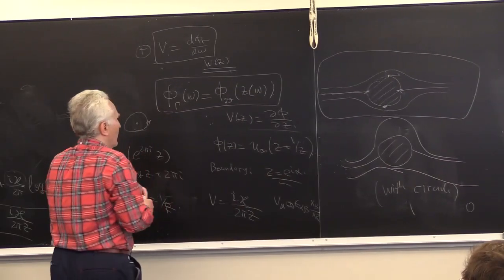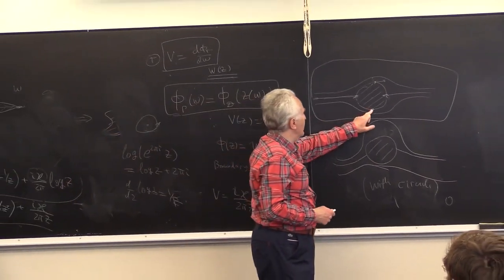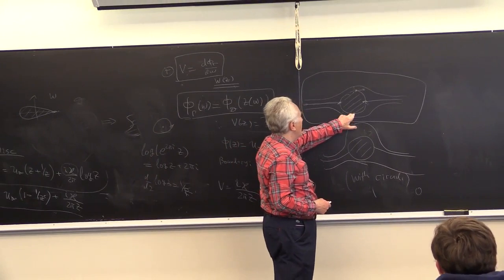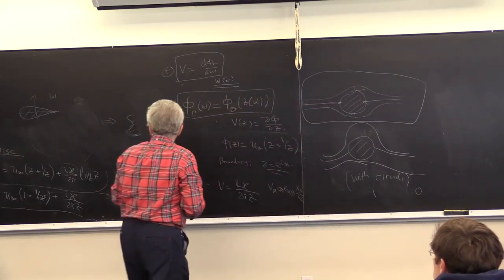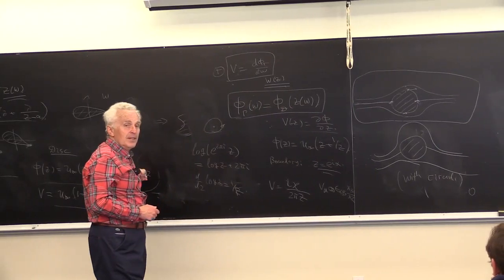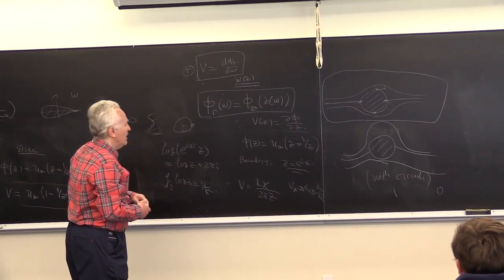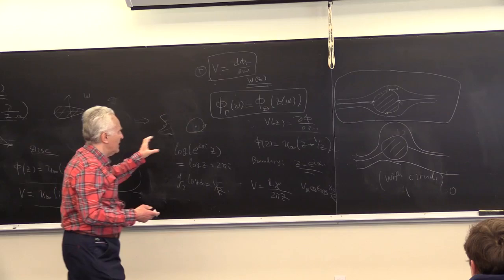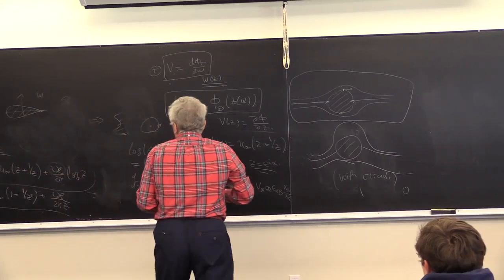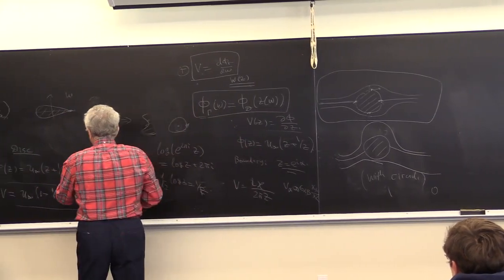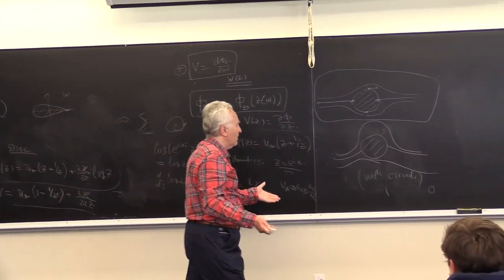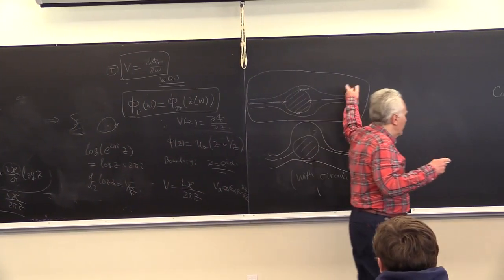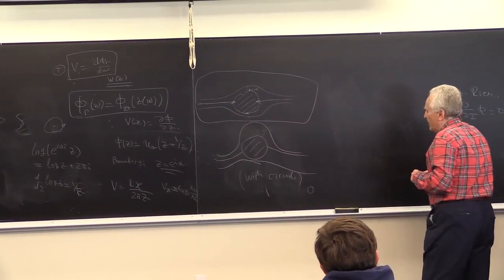Lift force appears when the pressure here is larger than the pressure here. So the lift force appears only because of the circulation. And we can write down quite easily the expression for the force in terms of kappa. It's basically proportional to kappa, kappa being the circulation.